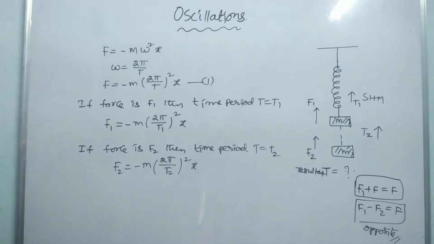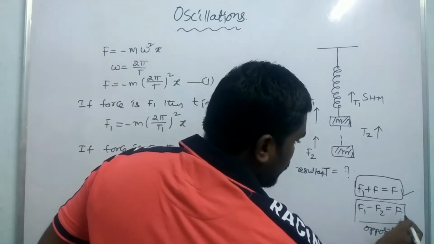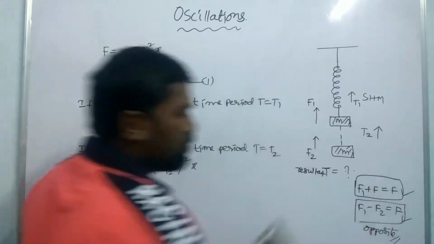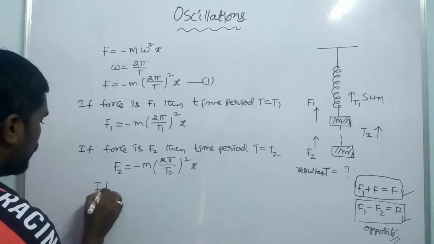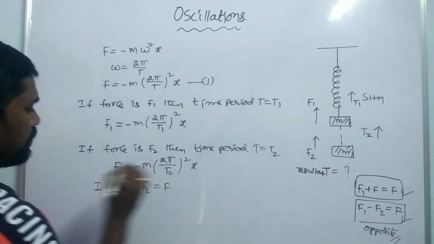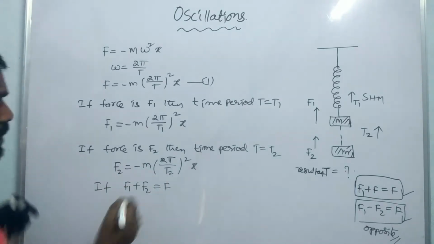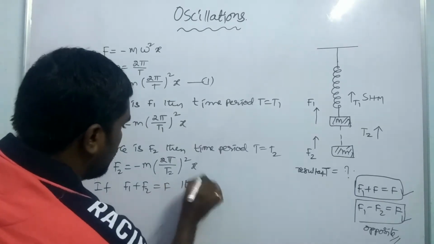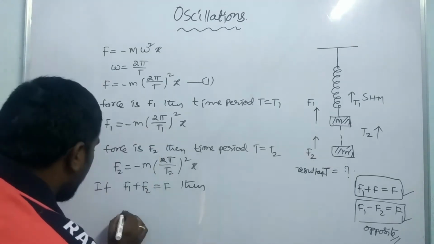Okay. Now the condition is, if two forces are combined in the same direction, or if two forces are combined in the opposite direction, then what would be the resultant time period? Let us find. So if F1 plus F2 is equal to F, then what will be happening here? So you can write F1, what is F1 here?